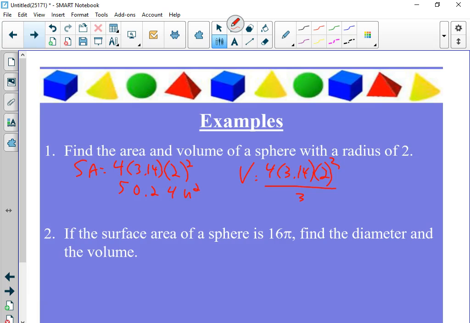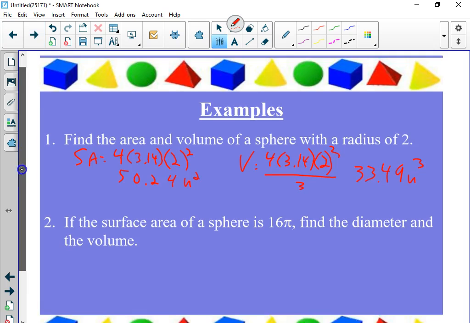So this time 2 cubed is 8, times 4 is 32. 32 times 3.14 divided by 3 is 33.49 units cubed. Okay, so 4 pi r squared for the surface area, and 4 pi r cubed divided by 3 for the volume.